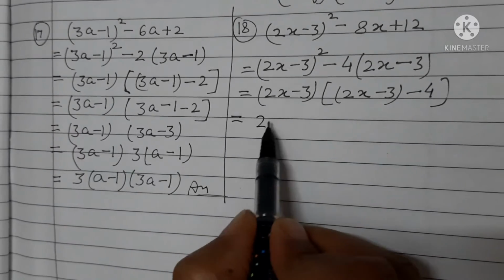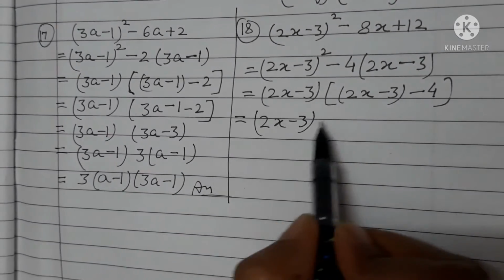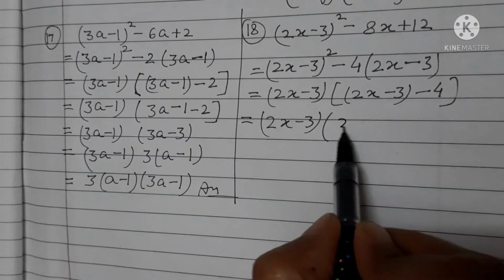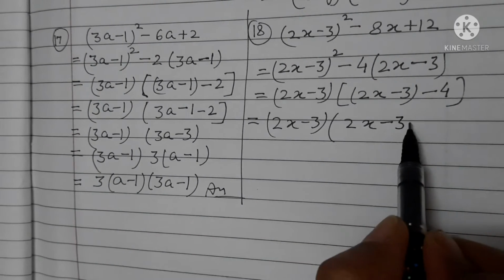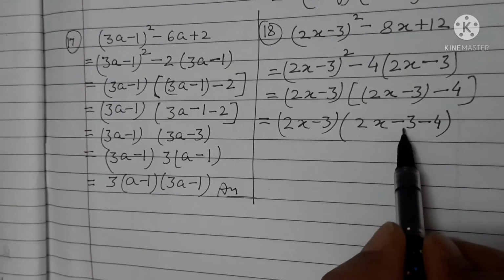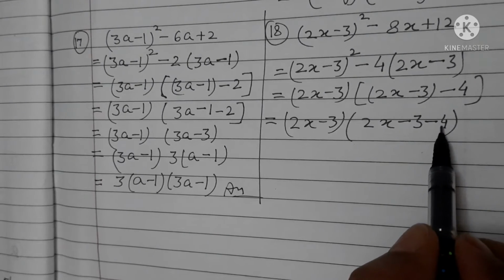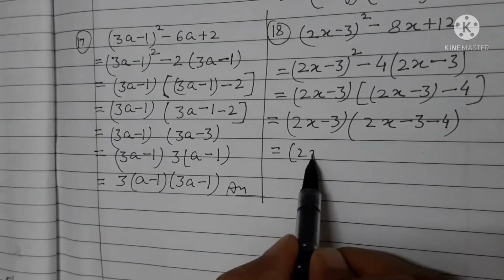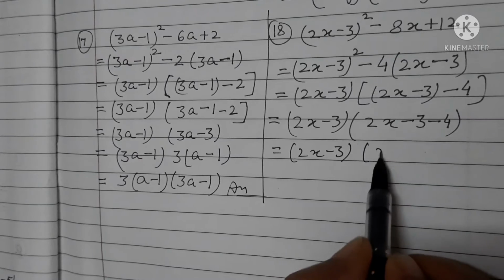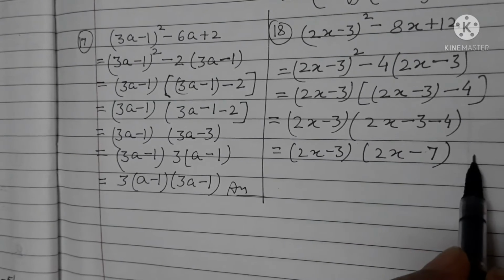Now open 2x minus 3, and this becomes 2x minus 3 minus 4, so minus 3 and minus 4 is minus 7, 2x minus 3 and 2x minus 7. Answer.